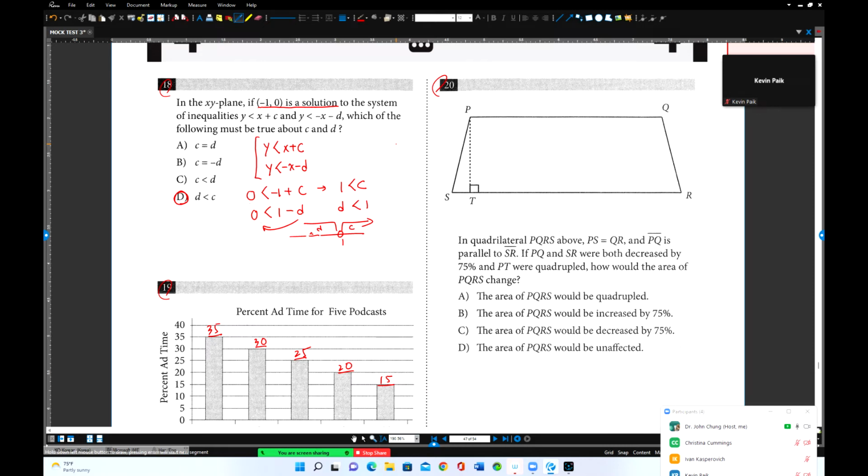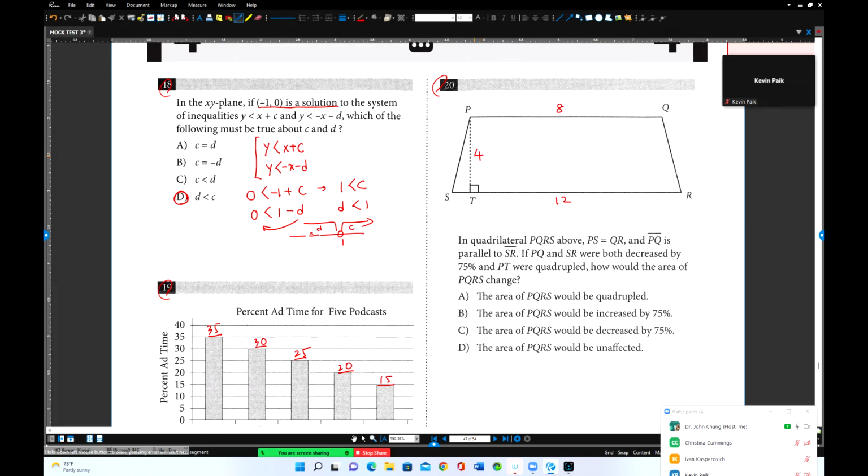So you can use any numbers. So for a 75% decrease, we multiply by 1/4, right? I'm going to use 8. Multiples of 4 are better. This is 8, this is 12, this is also 8. Multiples of 4, okay? It doesn't matter, you can use any numbers.